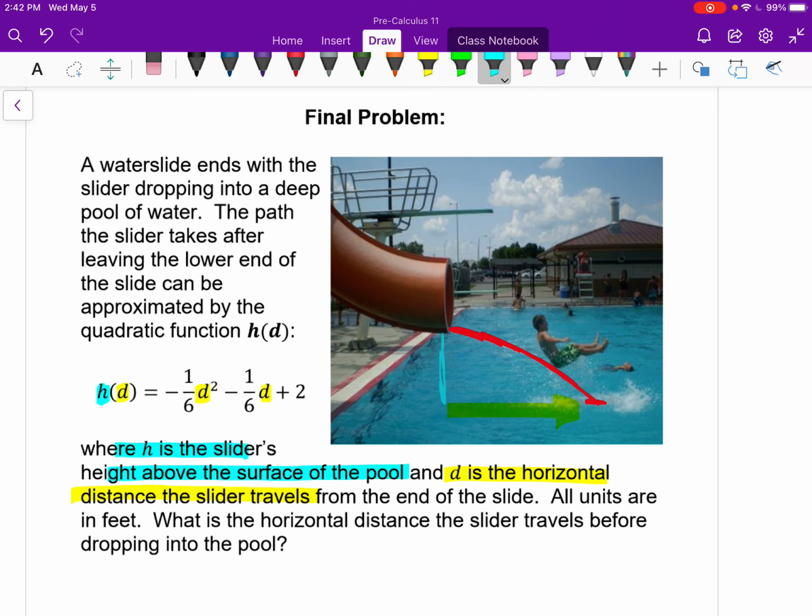Okay, so with that said, the question is, what is the horizontal distance the slider travels before dropping into the pool? How far this way will they go before they hit the water? That's what we're trying to find.